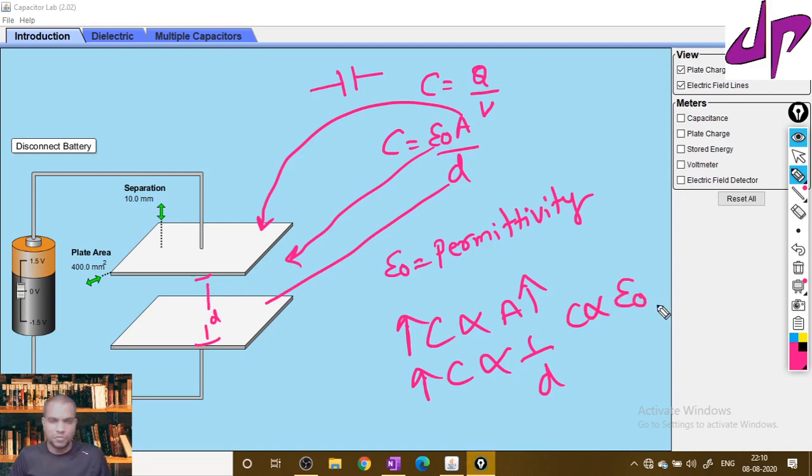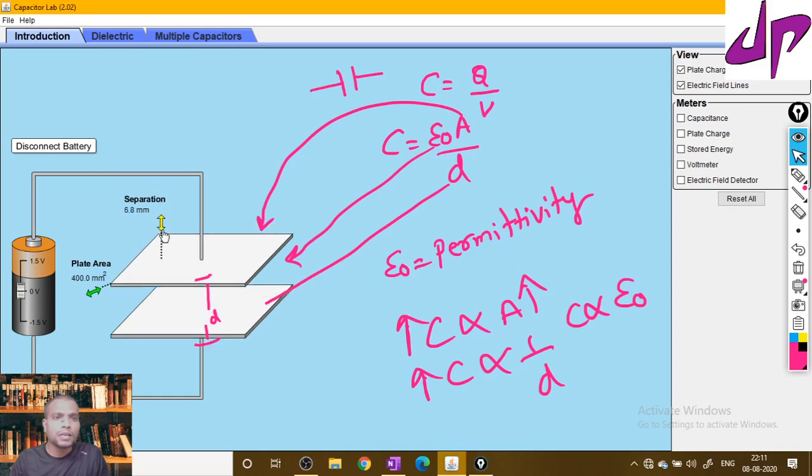It means if you keep some other material between the plates, like dielectrics, the capacitance of the capacitor also increases. That concept we will learn in further classes.